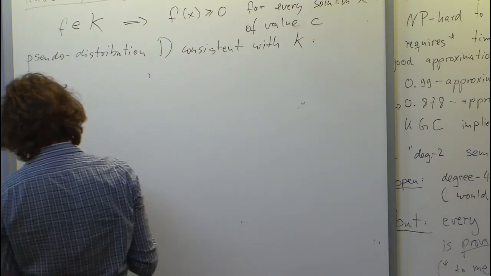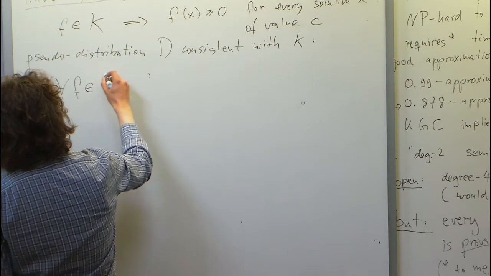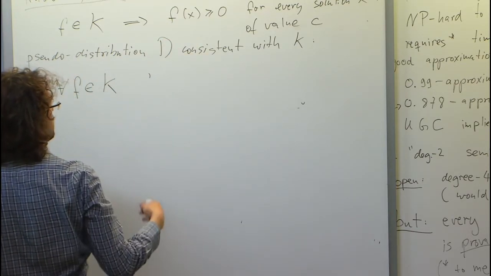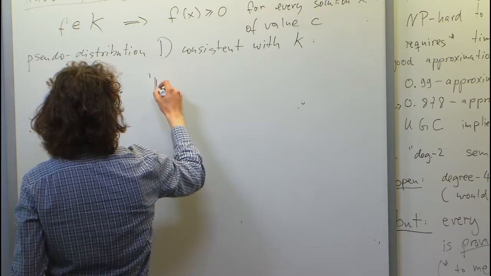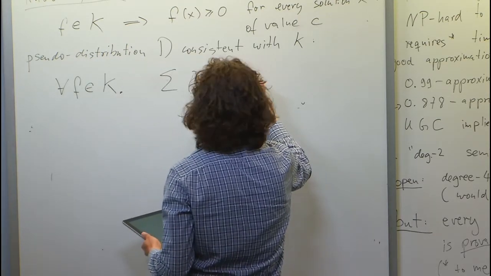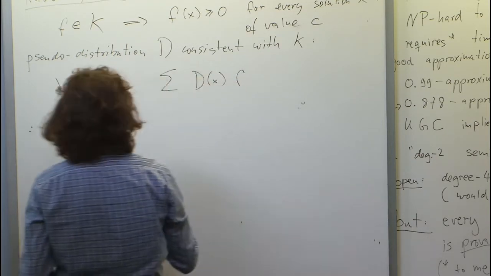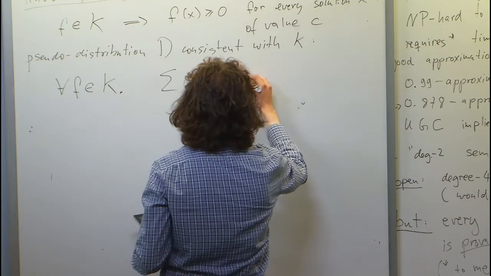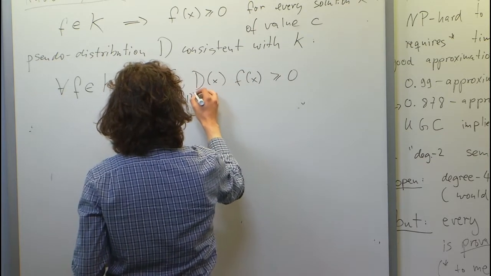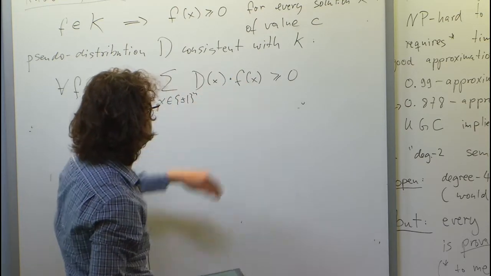This just means that for every function f that we know to be non-negative on optimal solutions, we want the following expression to be non-negative: the sum over all points in the hypercube of some kind of inner product between the function d and the function f.